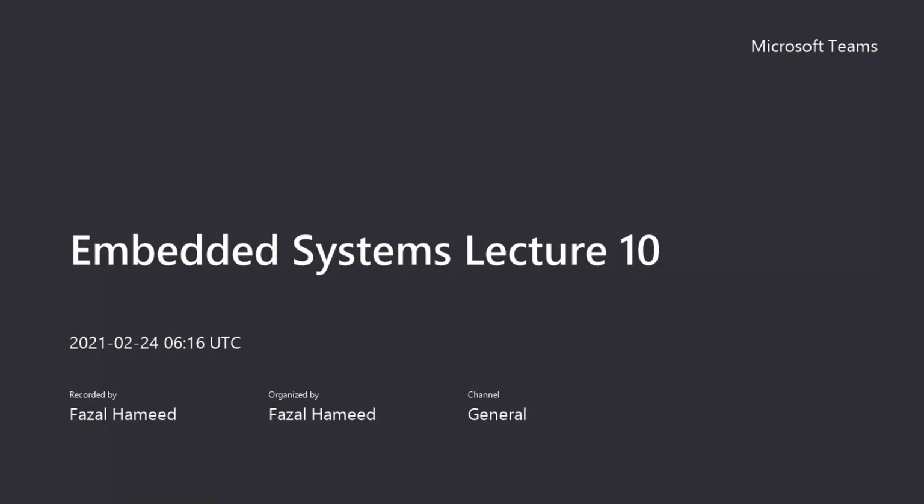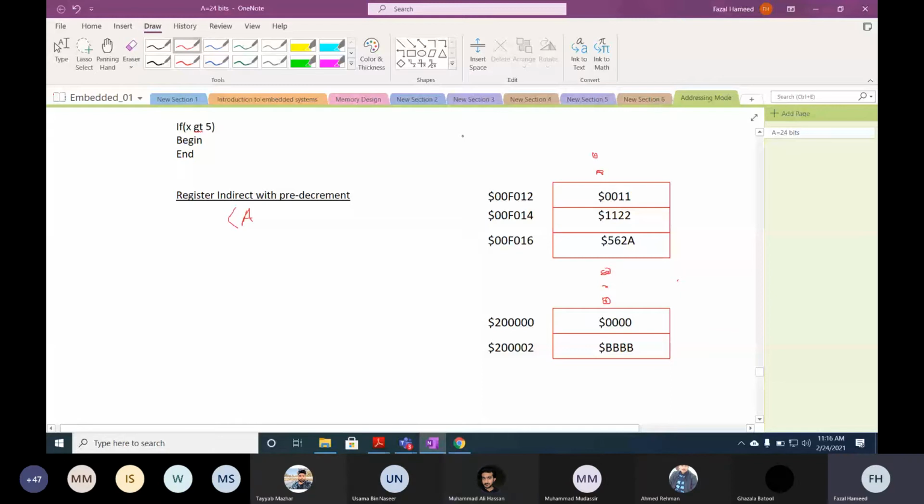Pre-decrement addressing mode. In the previous class, we studied register indirect with post increment. If we have an address register A, followed by a plus, which addressing mode is this? Register indirect with post increment.